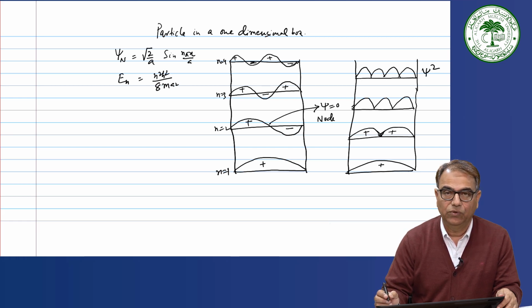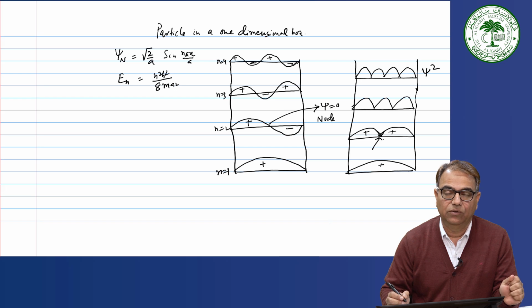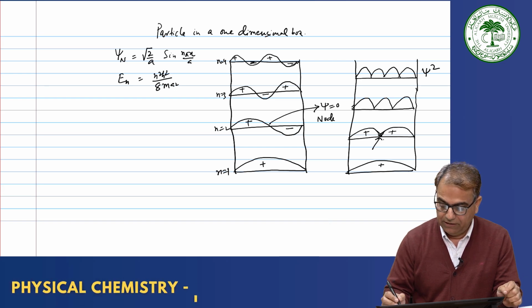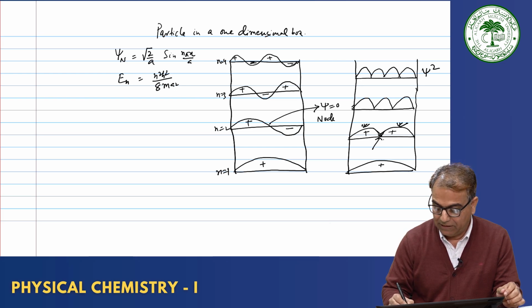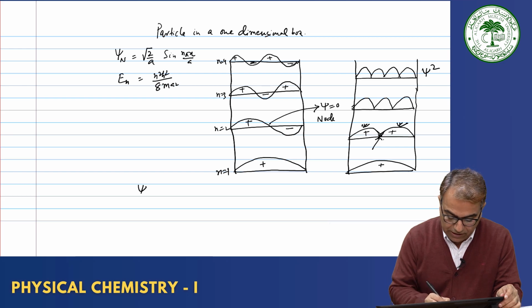And then I left you at this point, that if you look at this point, psi square is 0. So what do you say? The probability is here also, but at this one point, probability is 0. Actually not probability, we are plotting psi square, and psi square is probability density.